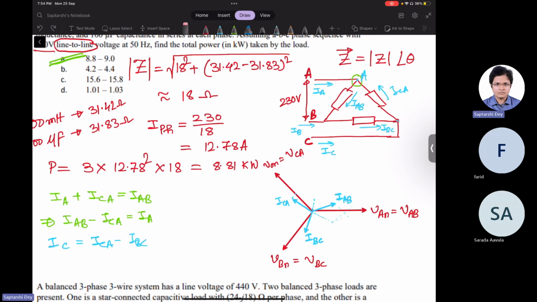So if we draw, say, IC minus IAB, one current comes here. If IAB is 0, this should be 30 degree.